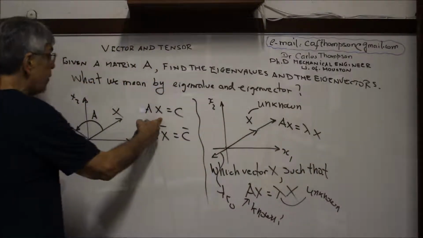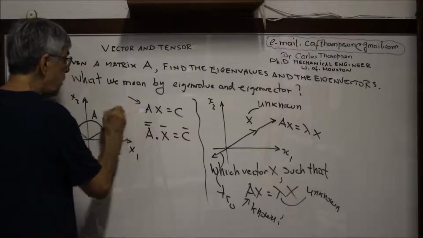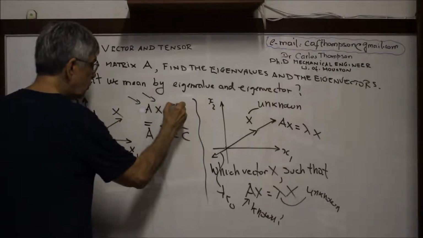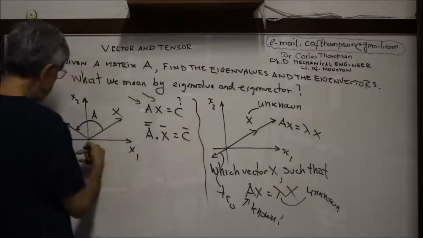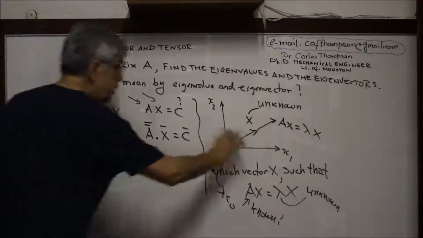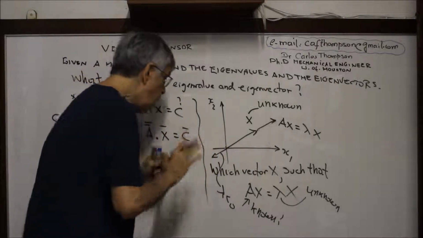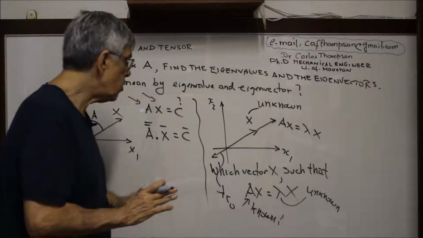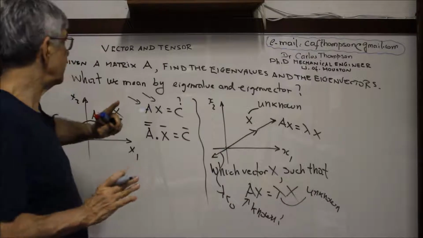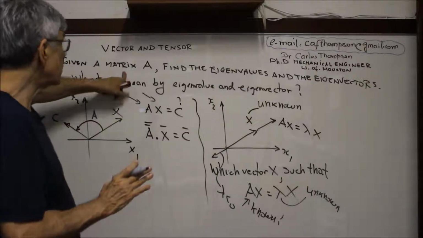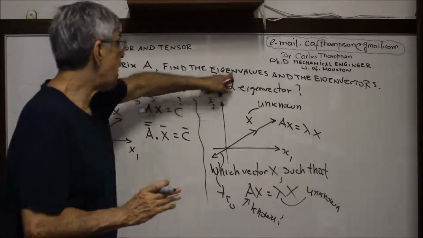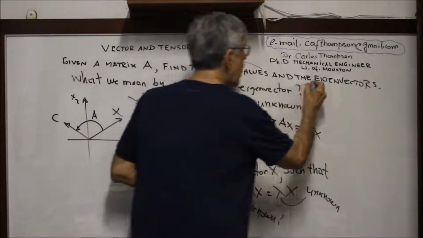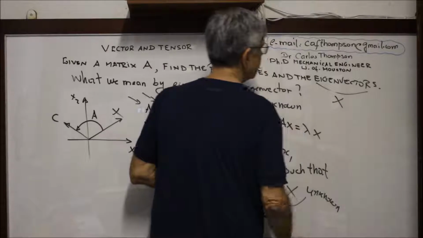Okay. Here is different. Here I know A, I know x, and I don't know c, so I calculate. You see? But here the only object which I know is the matrix A. Okay. Look, given matrix A, find the eigenvalues, that's lambda, and the eigenvector, so x.